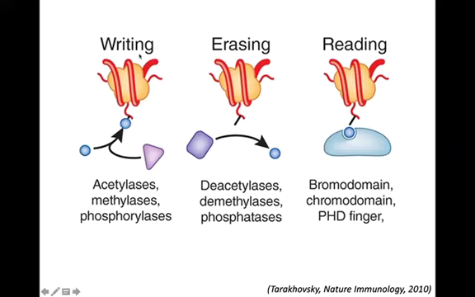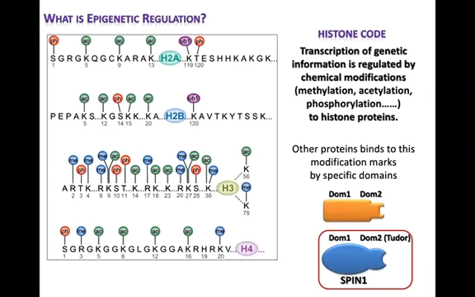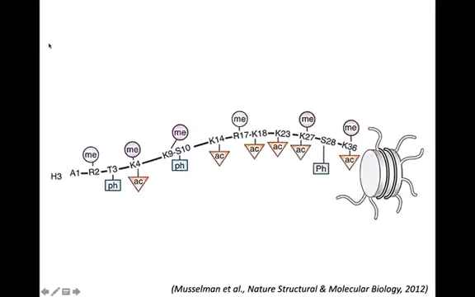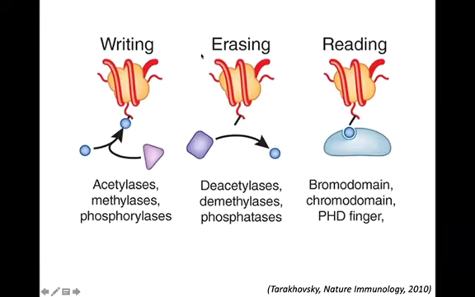These writer proteins are either acetylases adding an acetyl group, or methylases adding a methyl group, or phosphorylases adding a phosphate group. So a phosphate, in order to be added to this serine amino acid, needs a writer. And as well, there are erasers. Actually, they are the deacetylases and demethylases and, of course, the phosphatases.